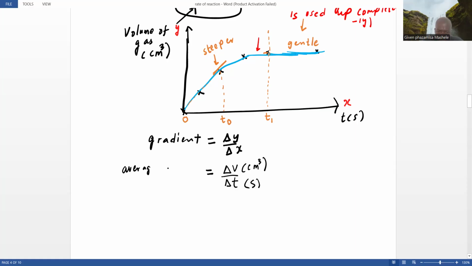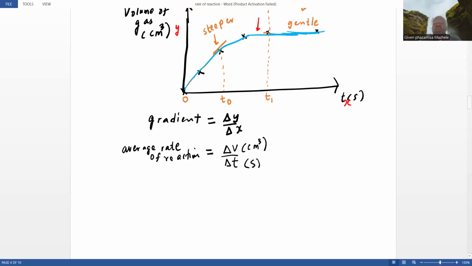So we can determine the rate of reaction, or the average rate of reaction, by determining the gradient of the volume against time graph. So this is another method that we can use to determine the average gradient on a curve.